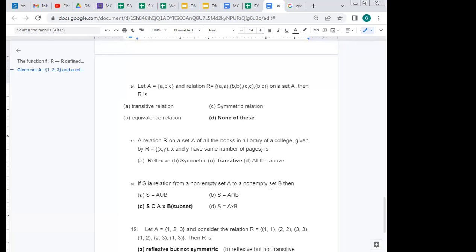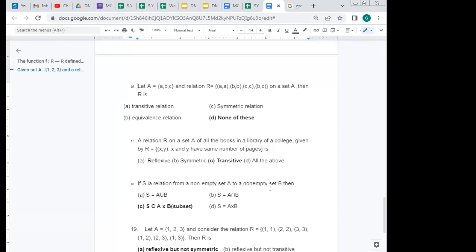Then the next question is: relation R on a set A of all the books in a library of a college is given by R equals {(x,y)} such that x and y have the same number of pages. X and Y are books, okay? And the books are having the same number of pages.